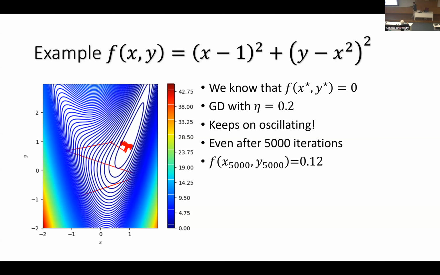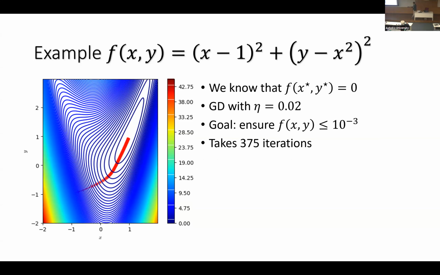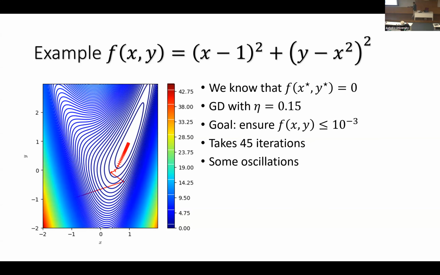Then I increased it to 0.2. And now after 5,000 iterations, it is still oscillating. So suddenly from 0.02, it was almost fine till 0.15 and then it broke down. This is typical of most algorithms. They work till a point and then they stop working completely.